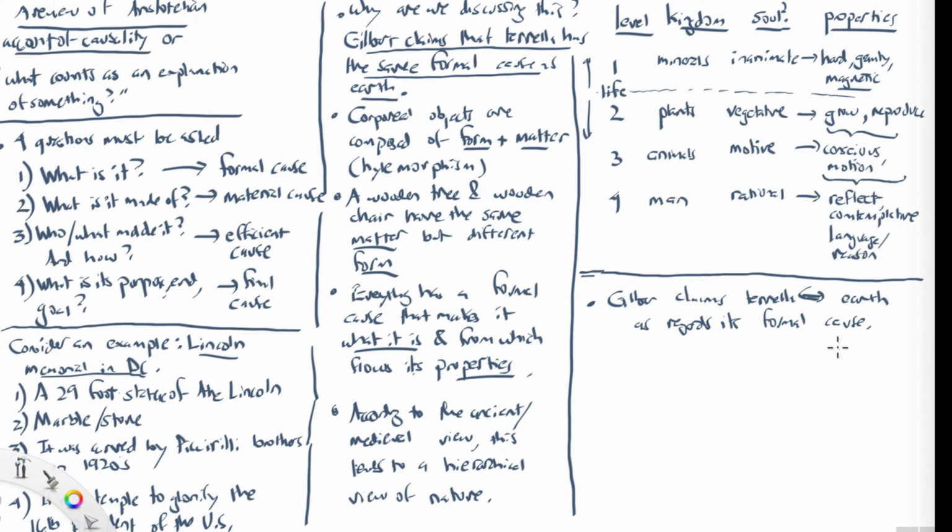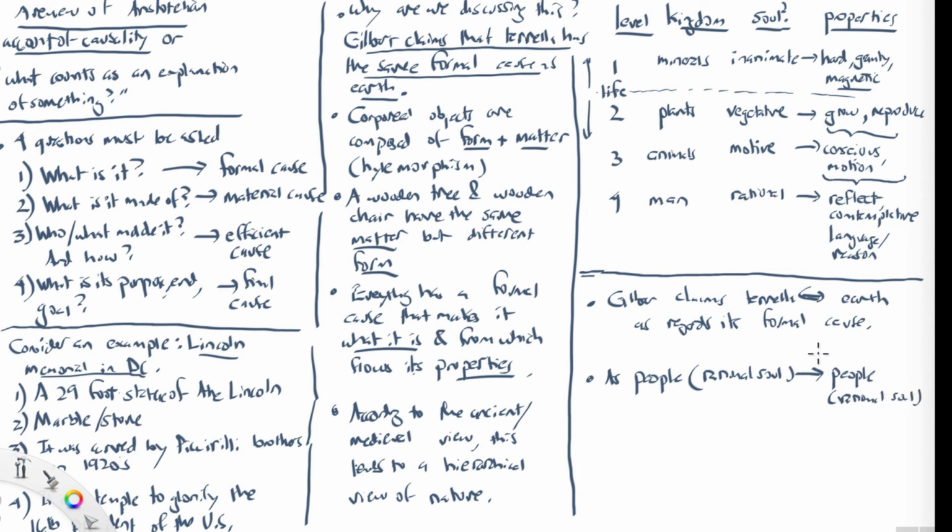Okay, so just as human beings, which have a rational soul as their form, can reproduce and create more humans that also have the same form, a rational soul, so too the earth can transmit its form or its formal cause to rocks that are born, so to speak, from its bowels. So just as people who have a rational soul as their formal cause can give rise to new people that have rational souls, they have that power to do that.